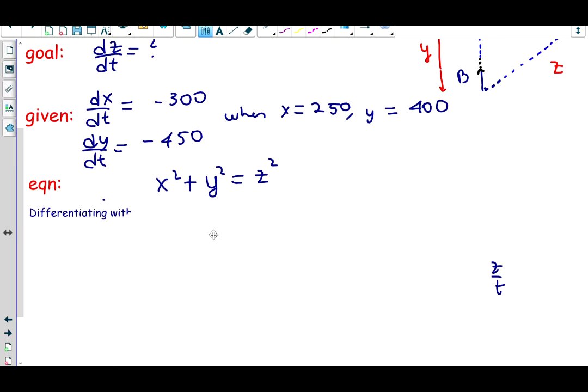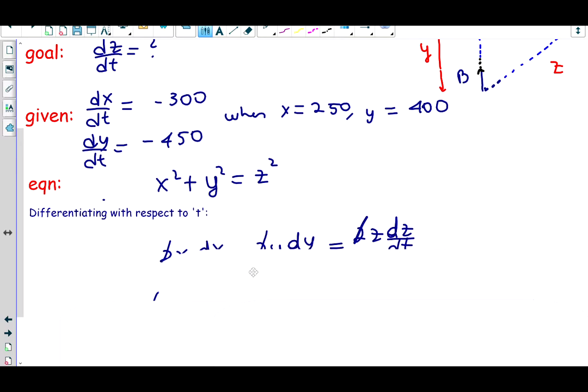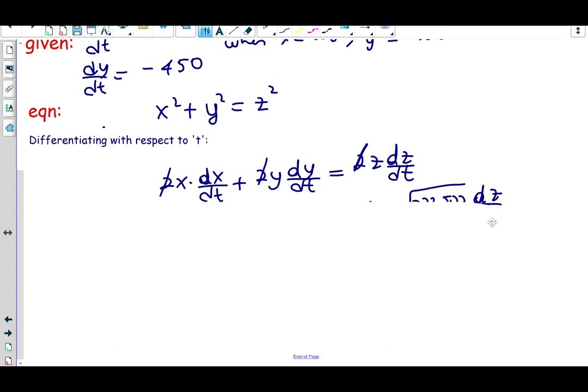So we have 2x dx/dt plus 2y dy/dt equals 2z dz/dt. That is the derivative of our equation. At this point, you can divide both sides by 2, so all the 2's cancel out, and we have an easier looking form of our equation, in which case I'm going to start plugging in the constants.